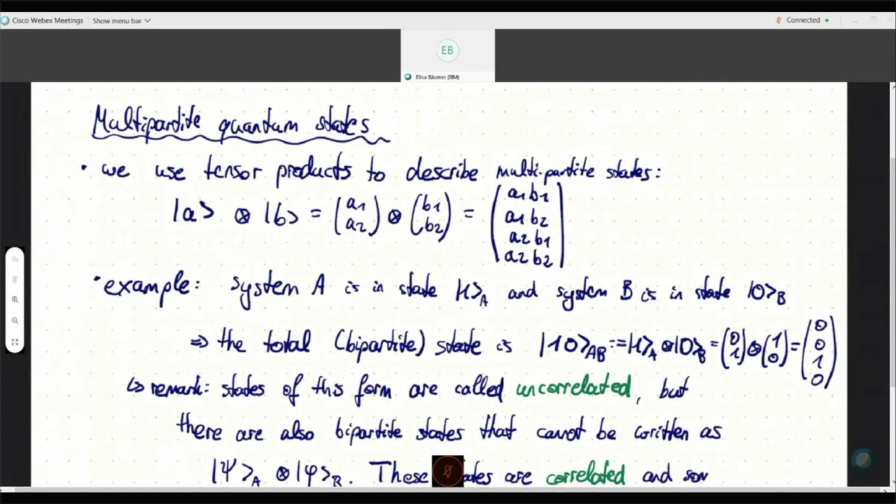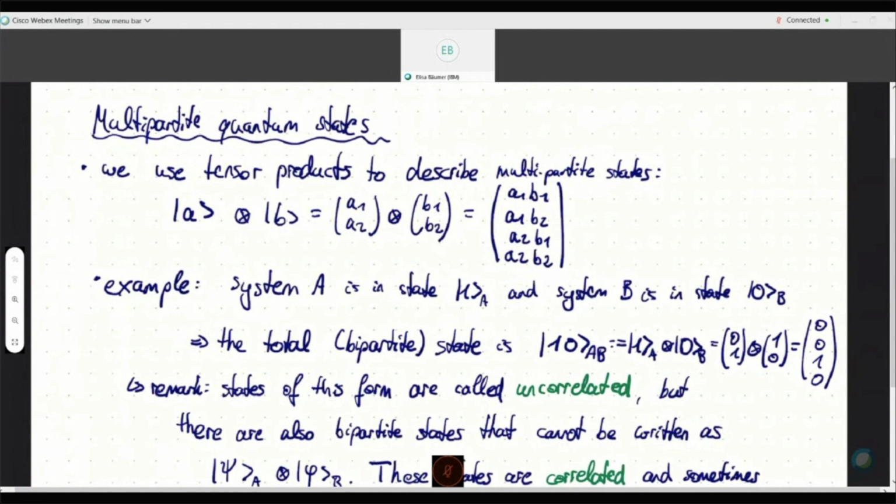And sometimes they're not only correlated, but even what we call entangled. So all states that are entangled are also correlated, but not every state that is correlated is entangled. You can think of it like a very strong correlation that only happens in quantum mechanics, that we cannot have classically.